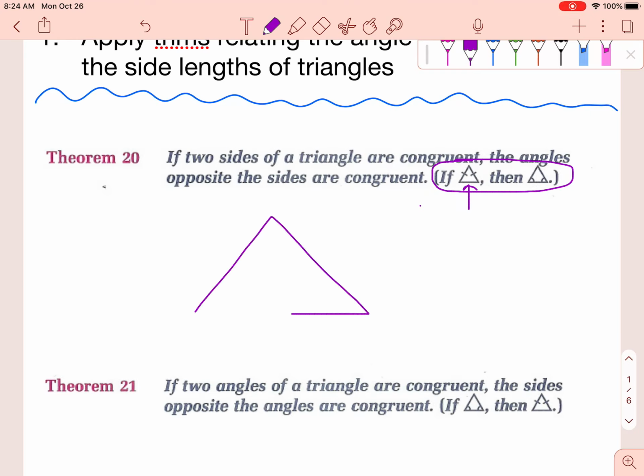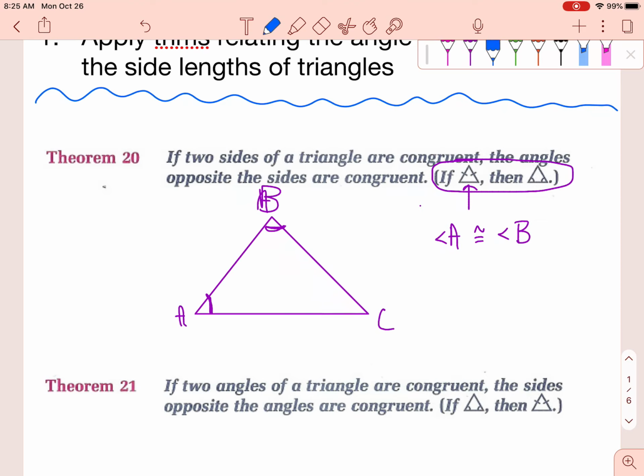So here's what I want to do: I want to make sure you guys understand what opposite means. Hypothetically, let's say they gave you that angle A was congruent to angle B, and we have C over here. So this is an isosceles triangle. The base angles are angle A and angle B. Those are congruent to each other.